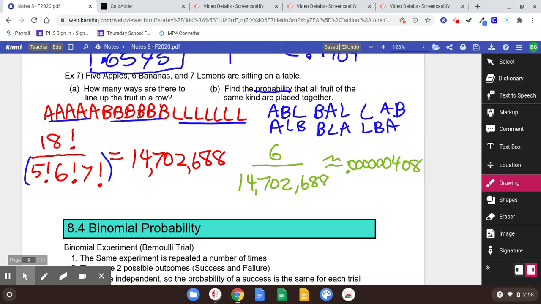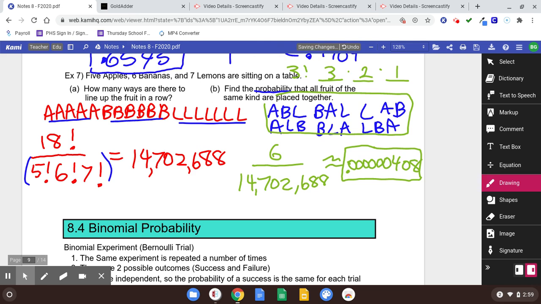Now, another way of thinking about this, you can think about it as a blanks problem. There are 3 ways of picking the first fruit, and then 2 ways, and then 1 way. So it might be healthy if you can think about it as a factorial. That's 3 factorial. That way, if there were 4 different fruits, you could say it was 4 factorial and so on. But anyway, 6 ways of shuffling the fruits out of that 14 million number. There's your probability.